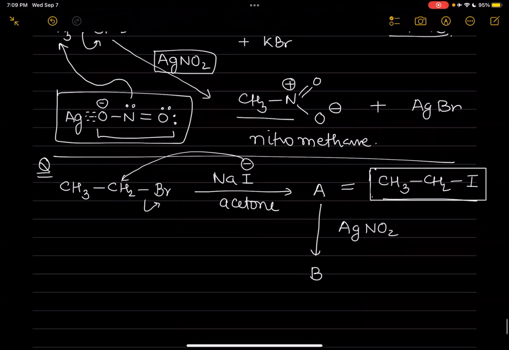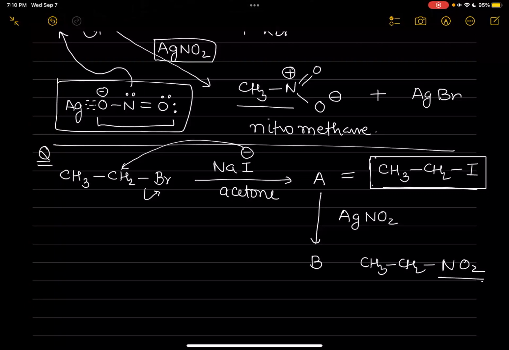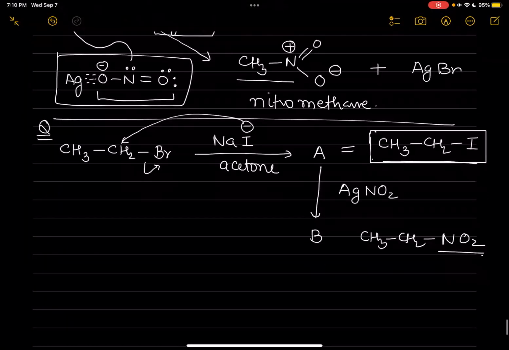The nitrogen lone pair is going to attack and will displace the I. So the structure of B is going to be CH3CH2NO2. Is it clear? Yes, sir. So this is nitrogen.